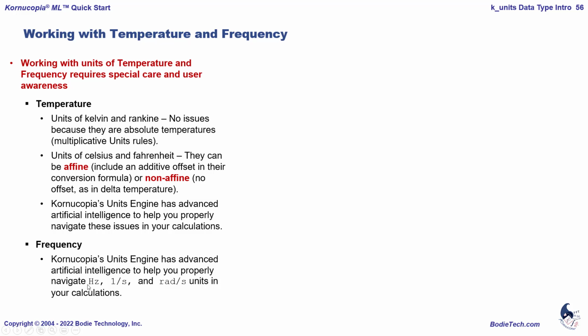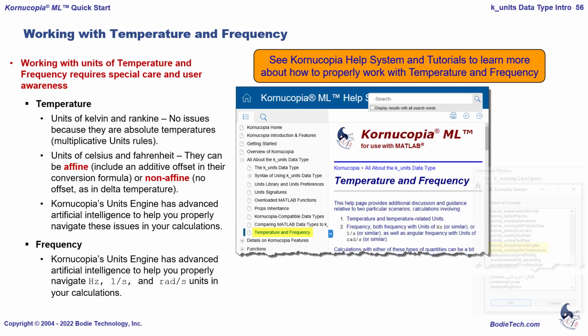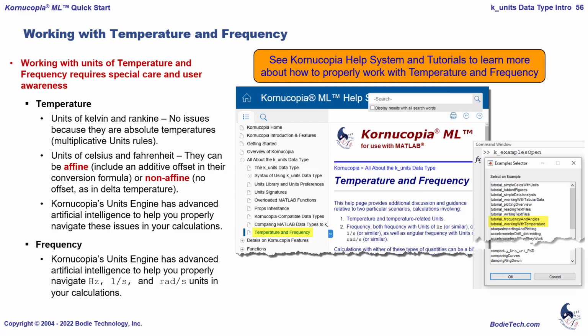But if you like to write a lot of equations that are things like sine of omega t and stuff like that, you definitely want to look at some stuff in the Kornucopia help system that talks about that. So there's specific help here that talks about it. And then there's a couple tutorials that talk about working with frequencies and angles and working with temperature. So if this is stuff you're working with, please do look at these tutorials and section in the help system.